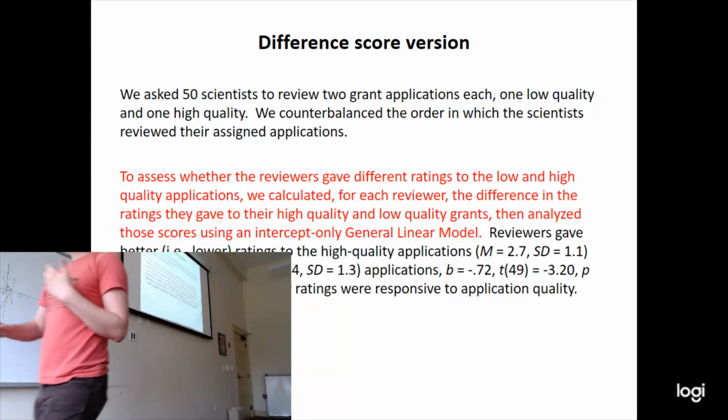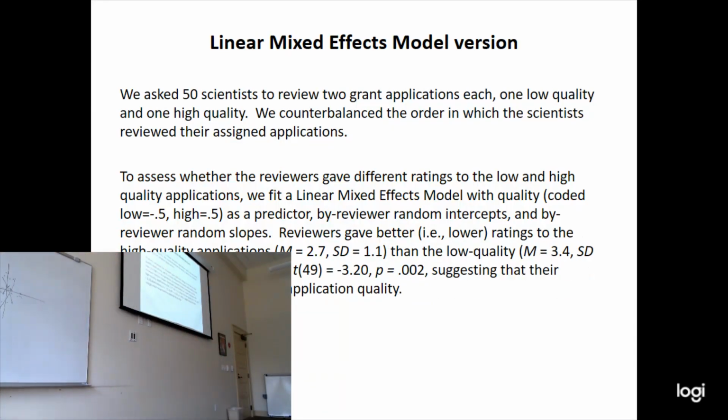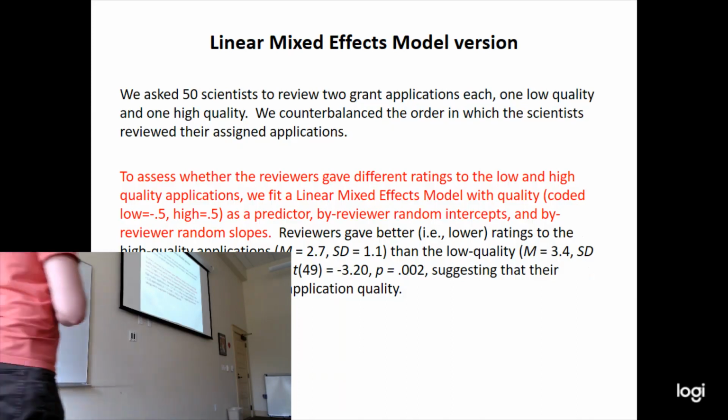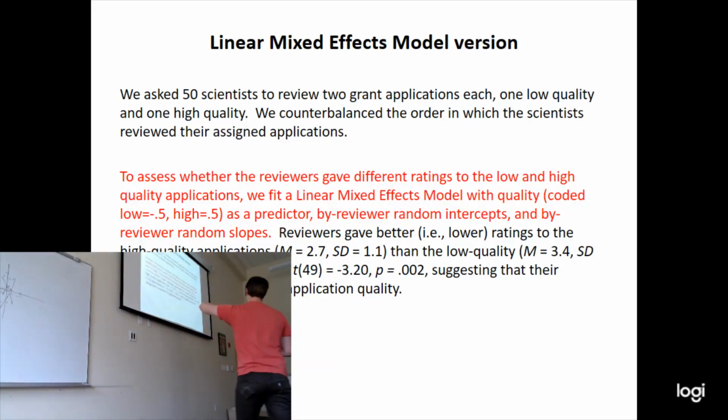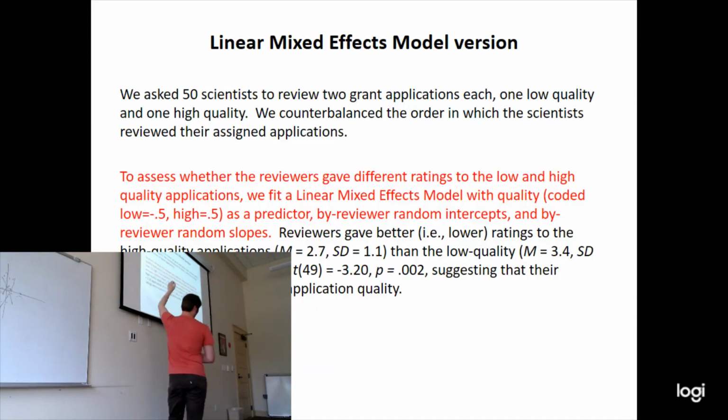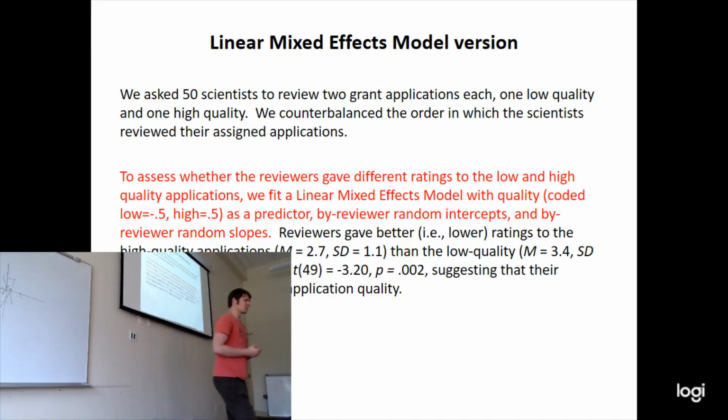There's a second way to talk about this, which is in terms of linear mixed effects models, where the section where you're talking about the model setup ends up being different and a little bit harder to understand, I think, at least in some contexts. So you have to talk about the coding of the variable, even if it's just minus a half and positive half. That's sort of taken care of by default if you're just taking difference scores.